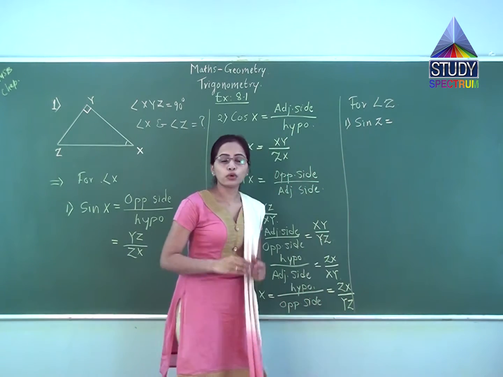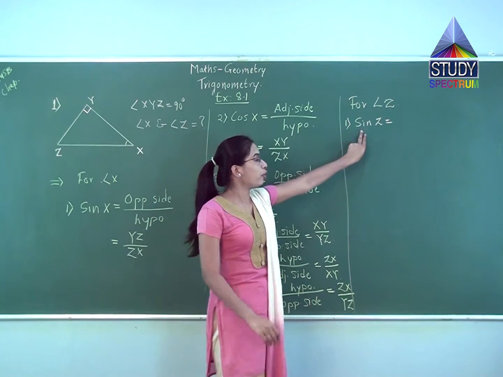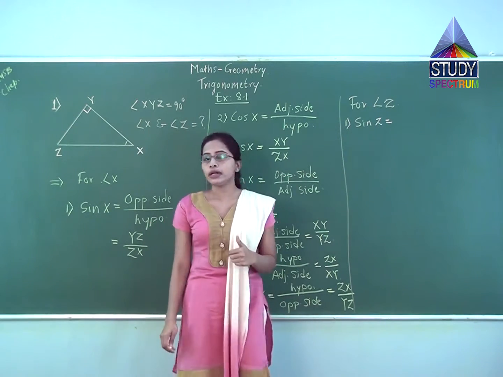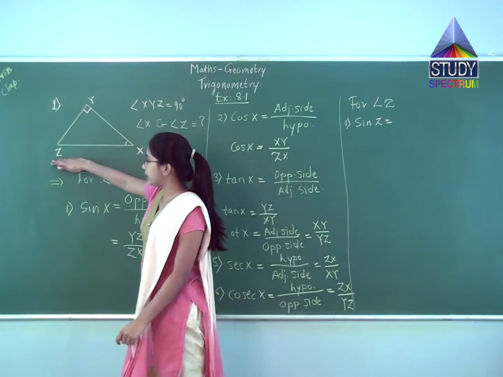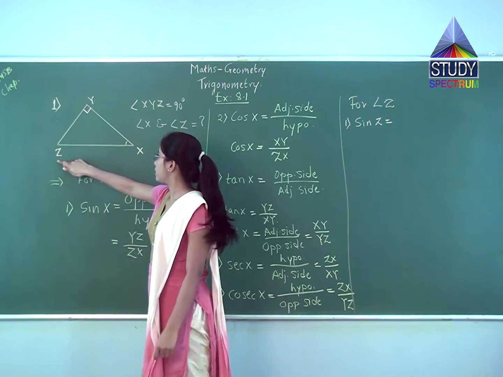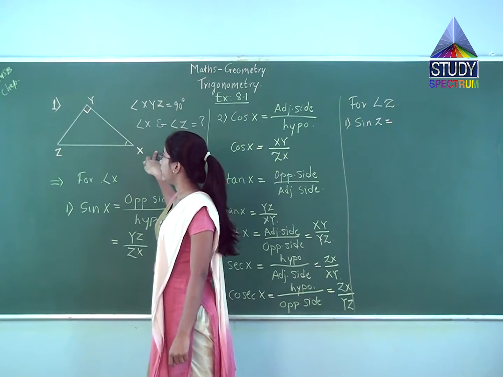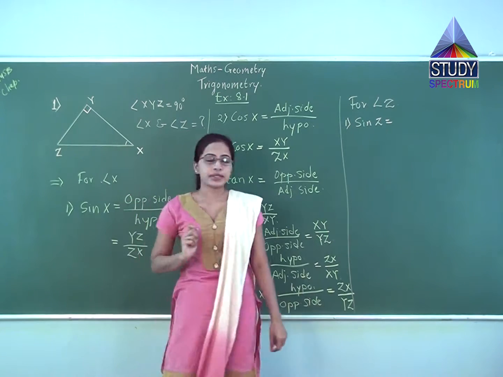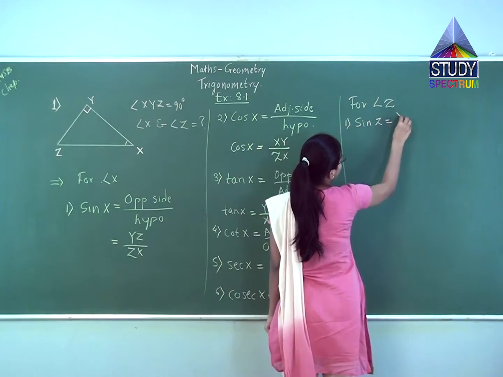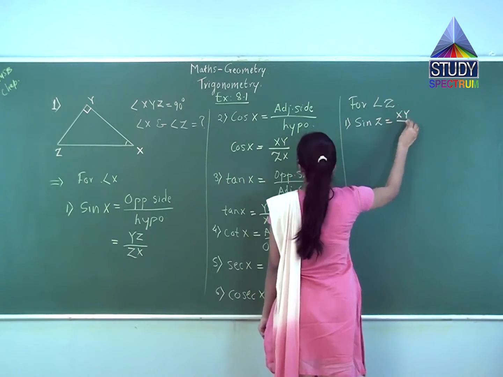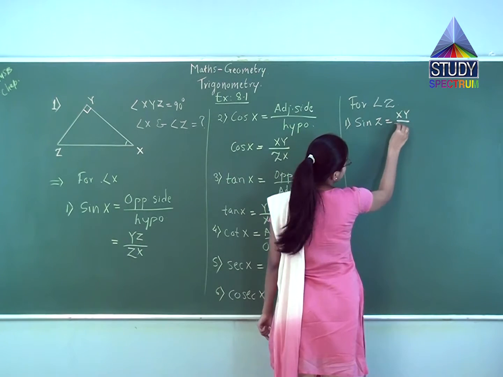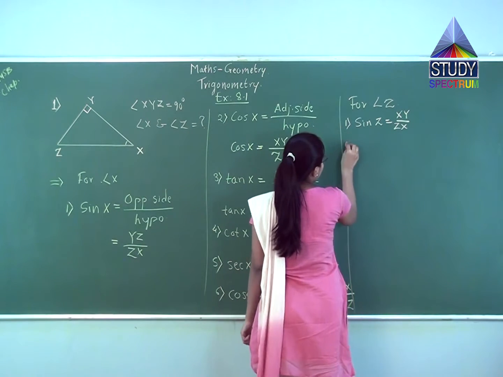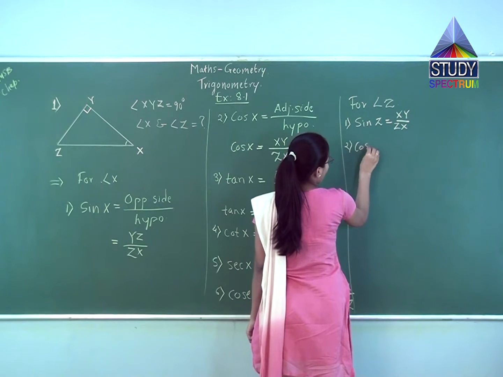Sin Z. Now no need to write the formula. We know the formula of sine. It is opposite side upon hypotenuse. Now we are taking angle Z. So the opposite side of Z is XY and the hypotenuse will remain the same, ZX. So it will be XY upon ZX.